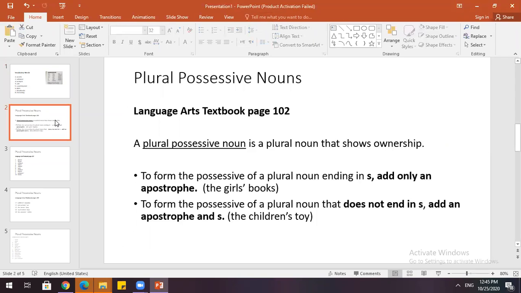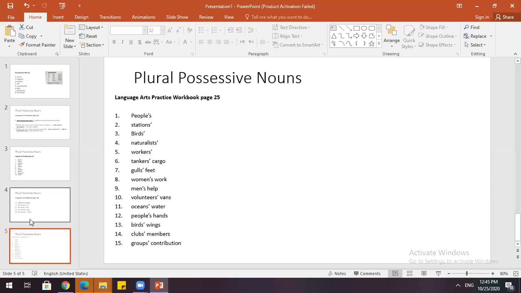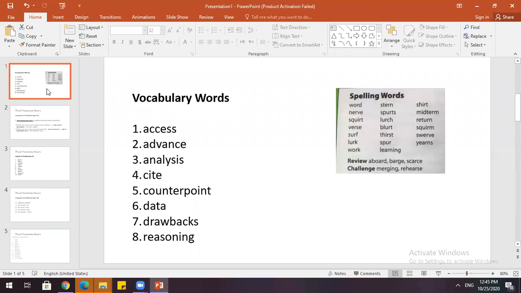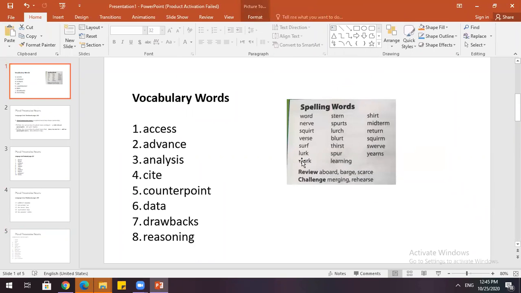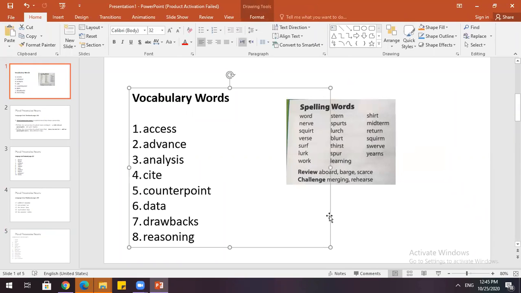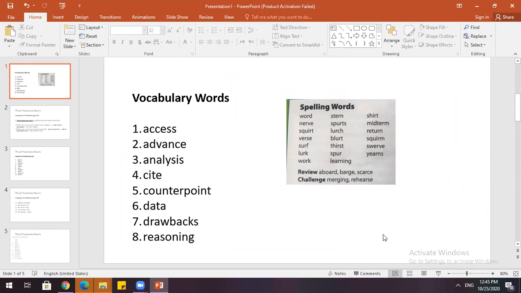Your words are 1, access. 2, advance. 3, analysis. 4, cite. 5, counterpoint. 6, data. 7, drawbacks. And 8, reasoning. So your homework is definitions and sample sentences. If the meeting shuts off, you can check Smart Schools for this video. I will also post the words in the weekly plan. Okay? I finished.